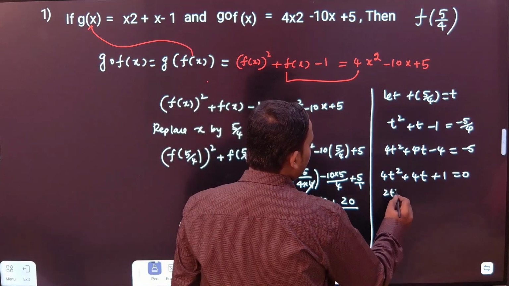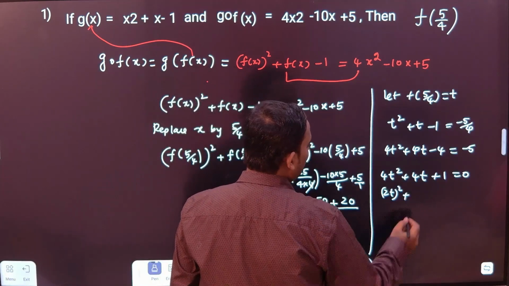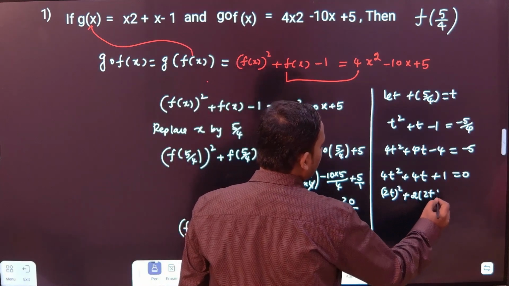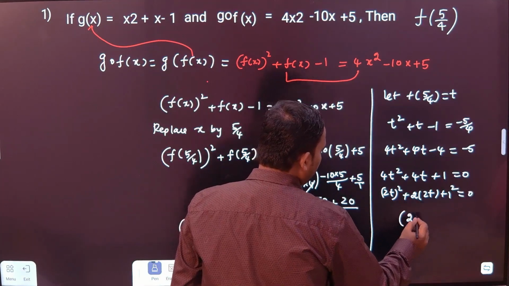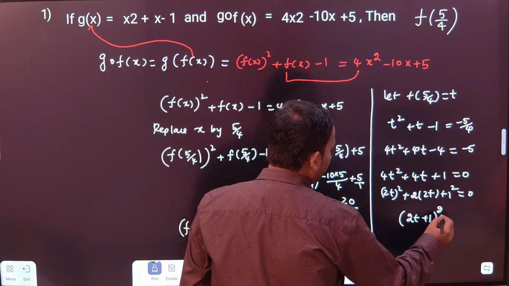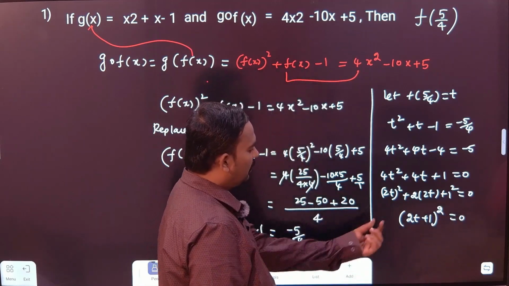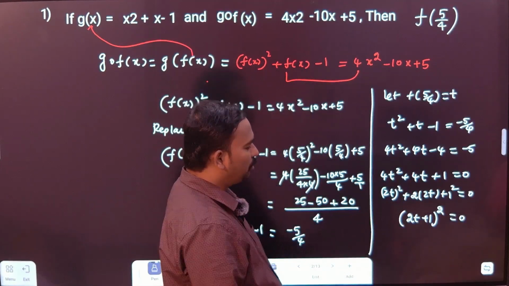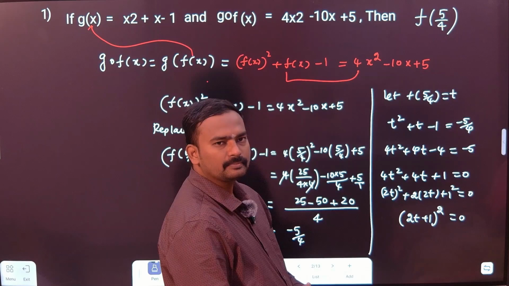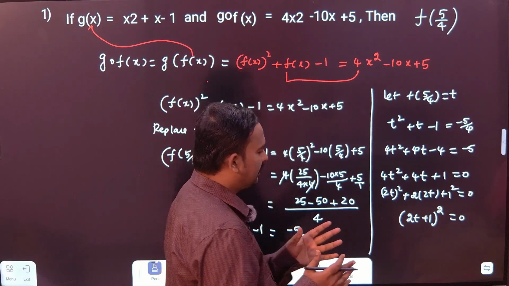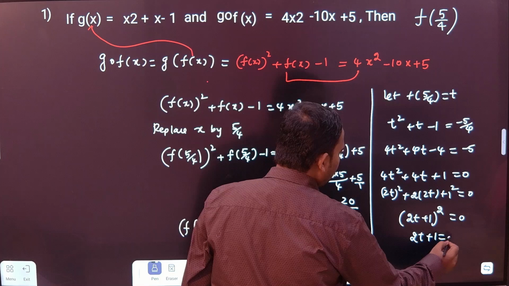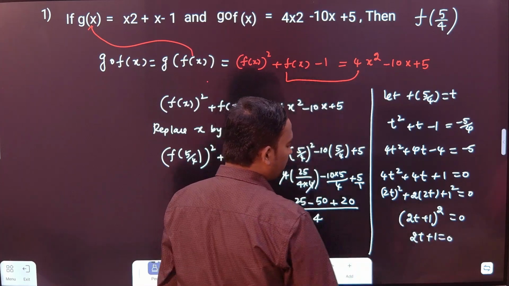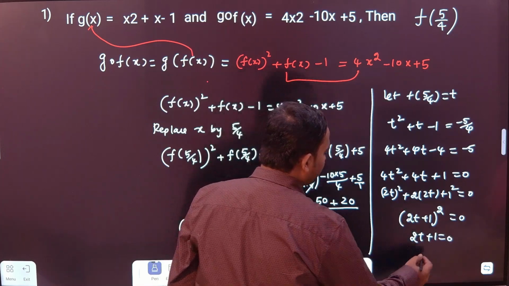This is how to write: 2t whole square plus 2 into 2t plus 1 square is equal to 0. This is how to write: 2t plus 1 whole square is equal to 0. You can see a square plus b square plus 2 times ab. I hope everyone understood, right? Okay, you can equate this: just take the square root on both sides. 2t plus 1 equal to 0.